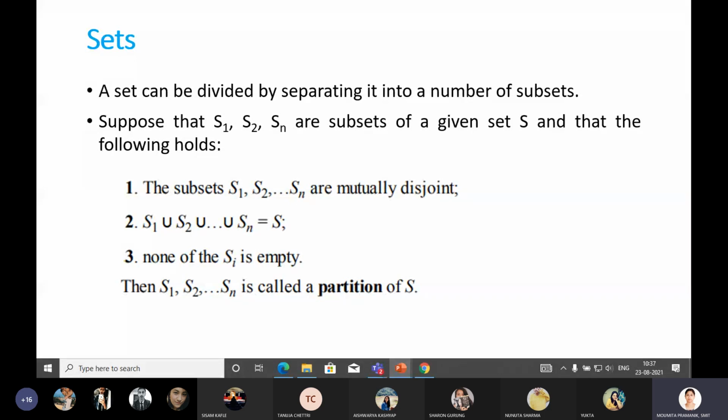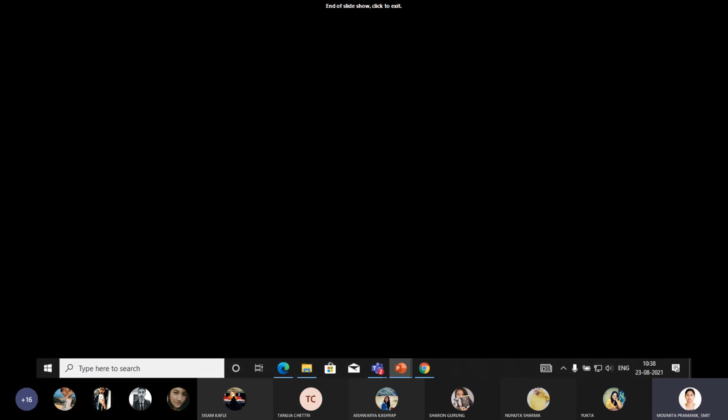Please copy this carefully, understand it, and write all these notes: how to calculate the subset, the union operation and intersection operation, the difference and the complement, the complement of a set if some universal set is given, how to calculate the size of a set, and how to find the size of the power set also. So this is what I wanted to discuss today.